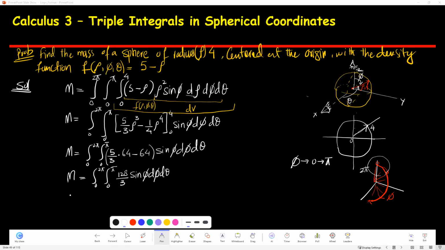Okay, let's take the second integral, which is this one. This is going to be minus 128 over 3, and the integral of sine is cos, right? So cos phi, and the limit is 0 to pi, d theta. Let's substitute the limit.